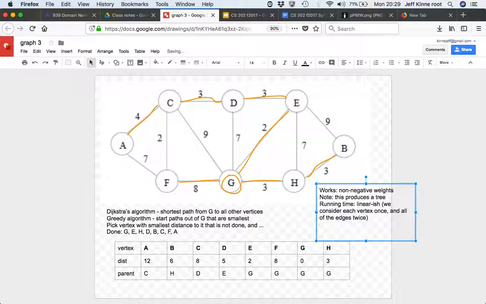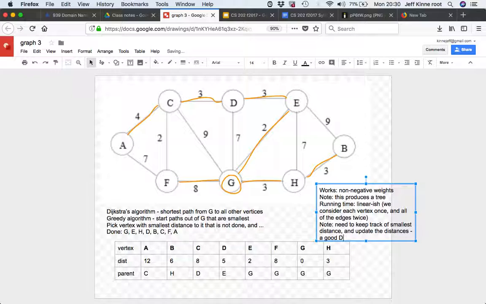Depending on how we look at things, each edge is considered twice. So it depends on being able to keep track of the smallest distance and update the distances. As we go, we have to update some of the distances and keep track of the smallest one.